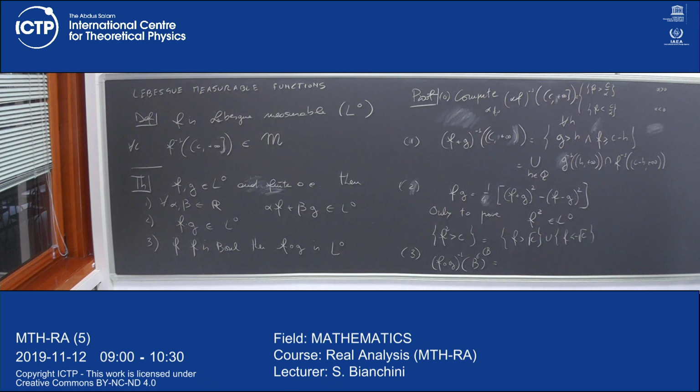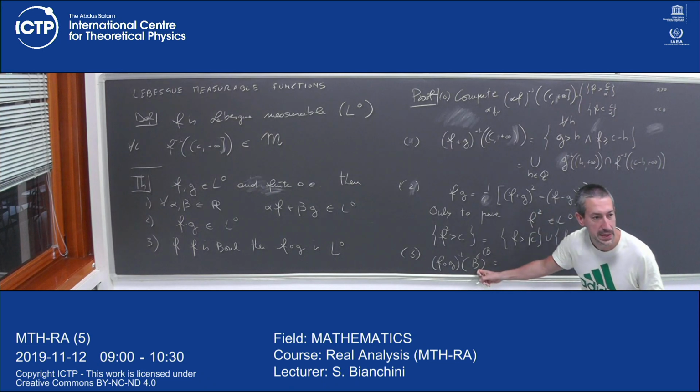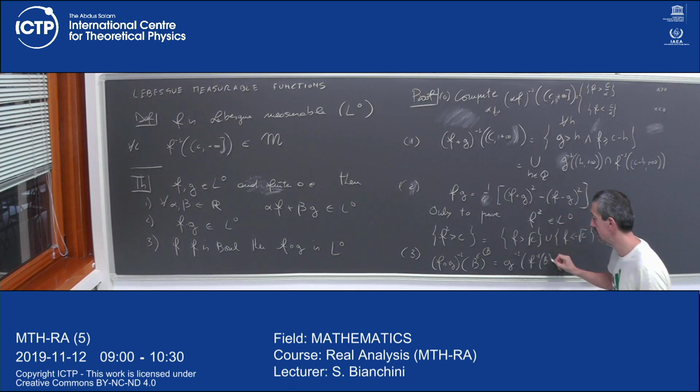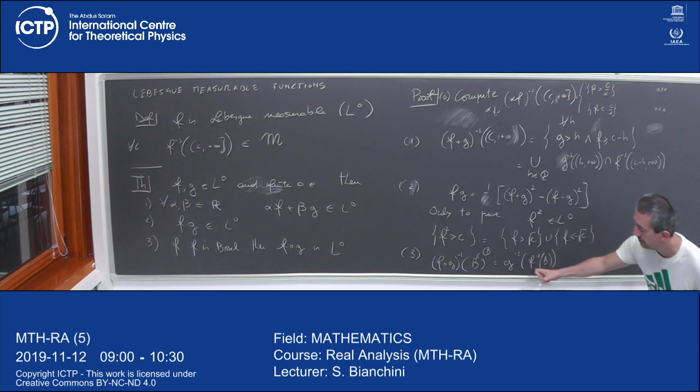By definition, it means that g should belong to the counter image of B by f, no? So this is g to the -1 of f to the -1 of B. And being a Borel function, this is still Borel. And then being this in L0, this is in L0.